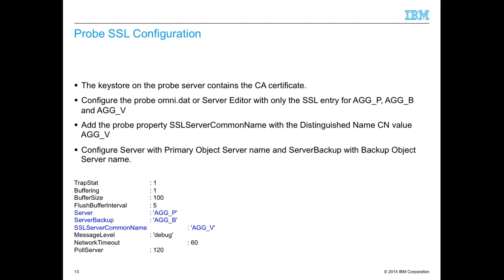Some of the steps that you'll typically see when you're going from 7.3.0 to 8.1 is you would run both in parallel for a period of time. So you would stand up OMNIbus 8.1 on the same server in a different directory or on a different server. Then you would configure everything and install all of your probes and gateways on the 8.1 object server.